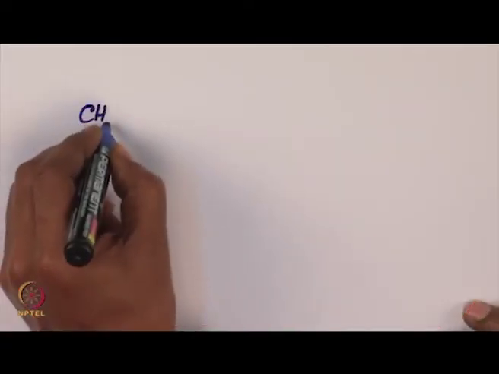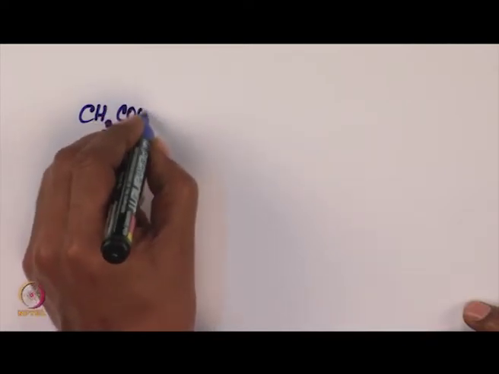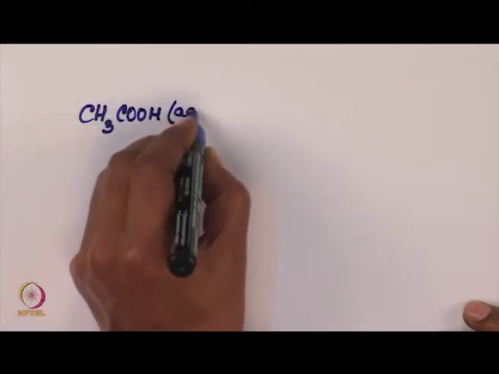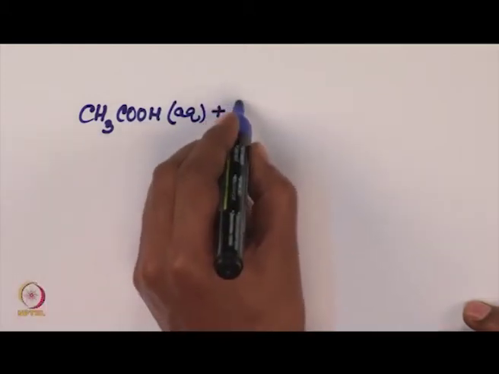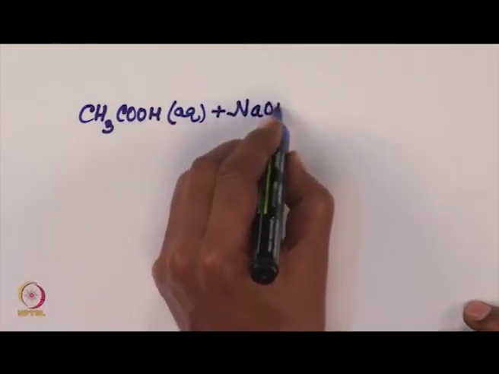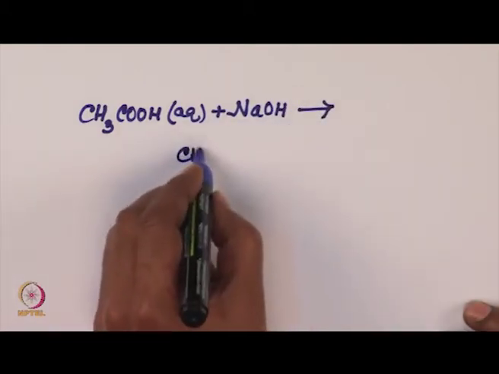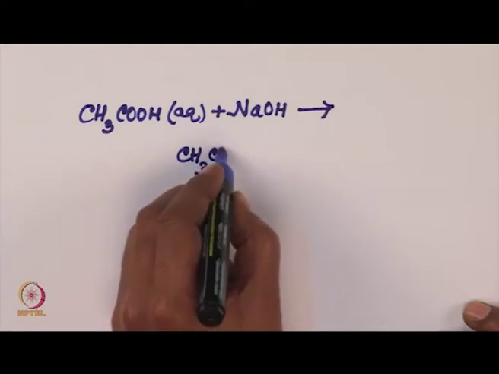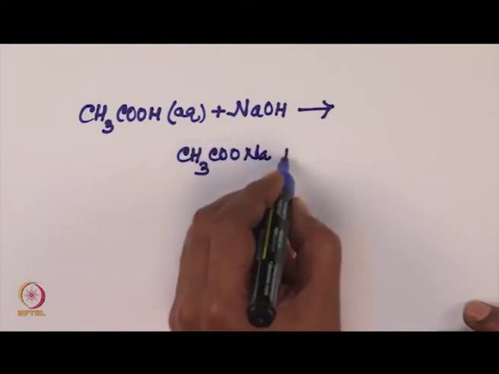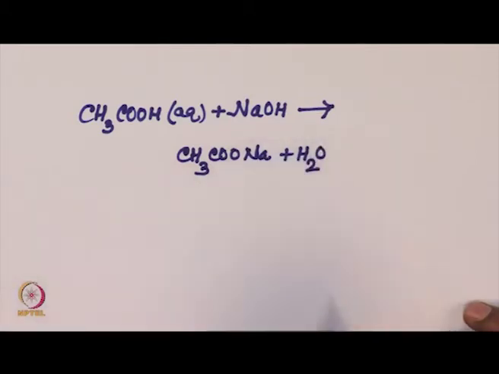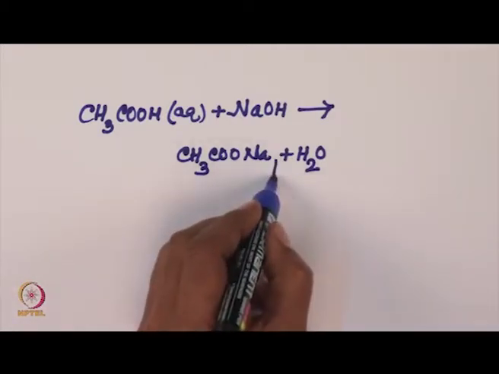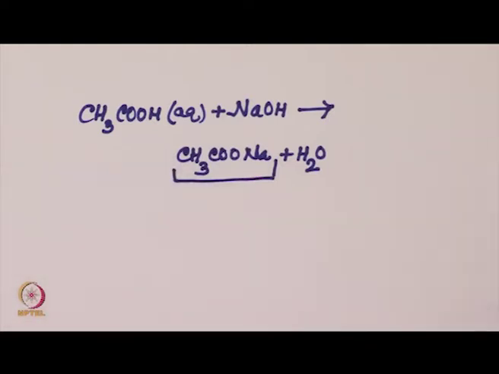We have CH3COOH aqueous plus NaOH, it will produce CH3COONa plus H2O. So the solution upon titration forms sodium acetate.